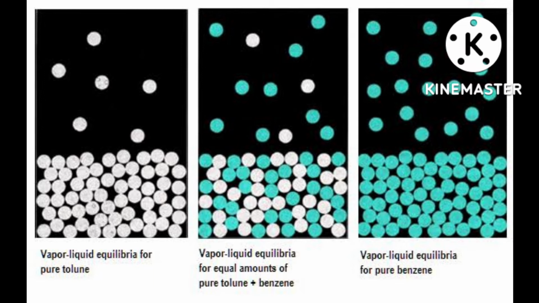Then this pressure due to vapor, that is called vapor pressure, and it will exert on the surface of liquid. After some time, in the container we are talking about, it becomes constant. An equilibrium is established between liquid phase and vapor phase.